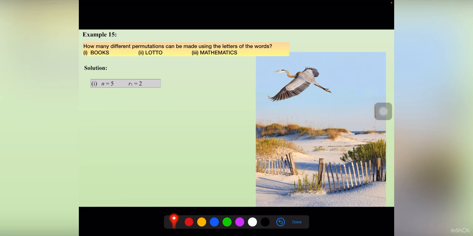Then R equals 2 for the identical objects O, O. So the number of arrangements of books is n factorial over R factorial, which equals 5 factorial over 2 factorial. You can use the calculator, and you have 60 ways.